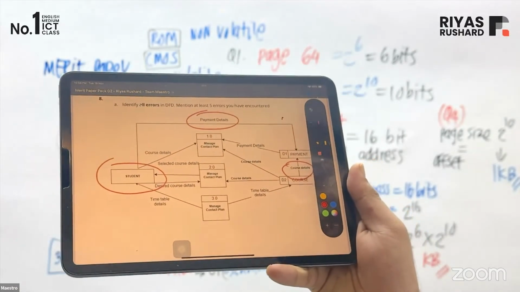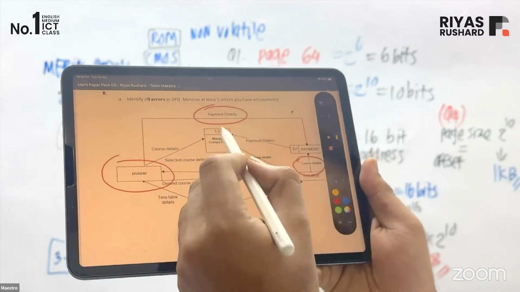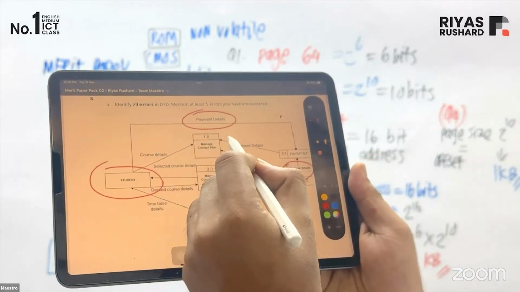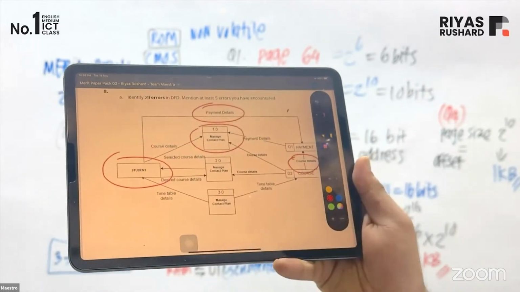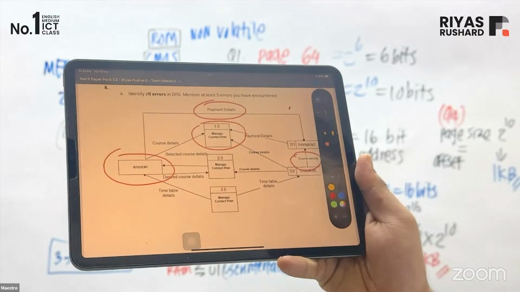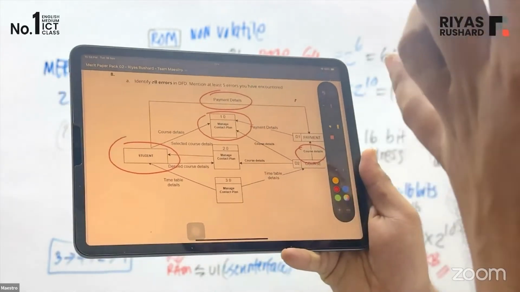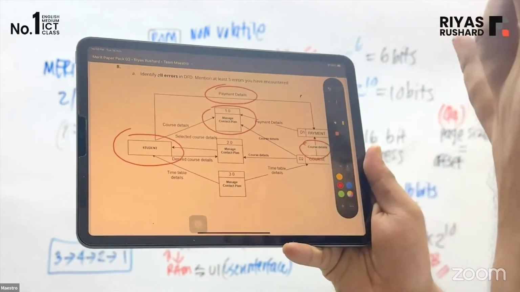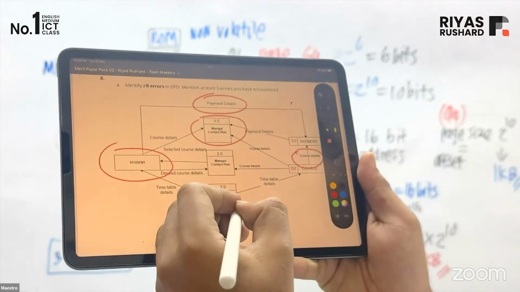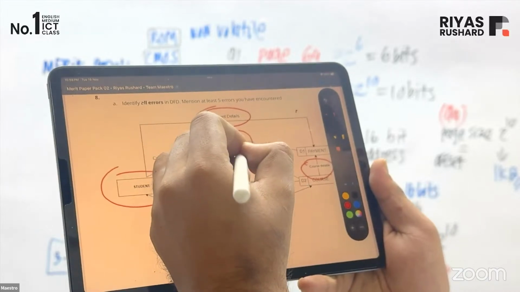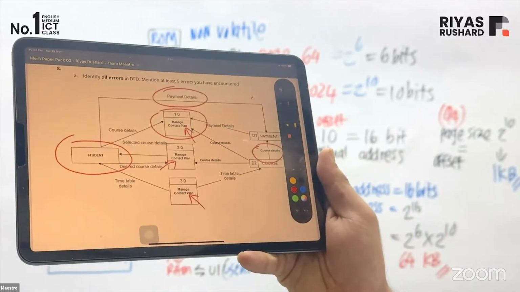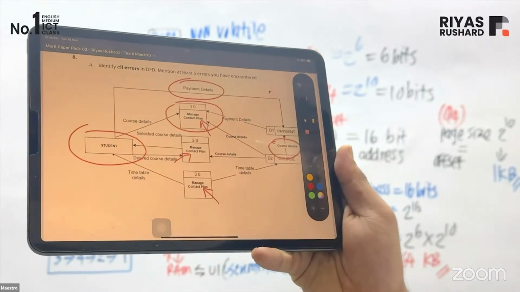Another error, if you come across, you see that this process has only inputs coming in. So 1, 2, 3, 4 inputs coming in. And the next one, where all these processes have the same process name. This also cannot be happening. Repeated process name.